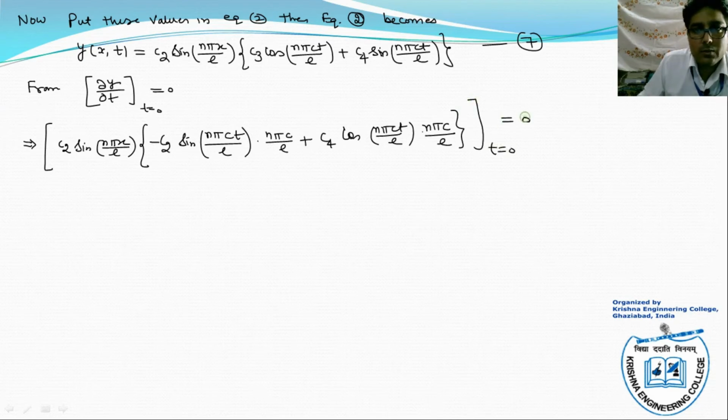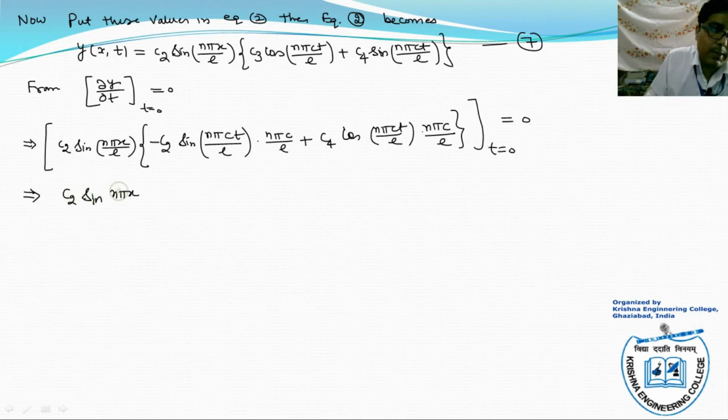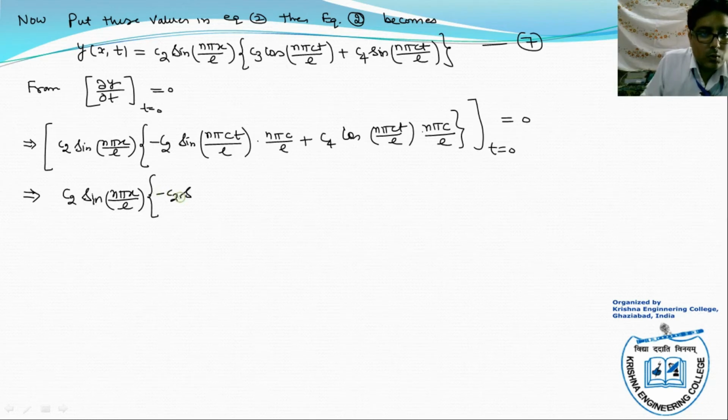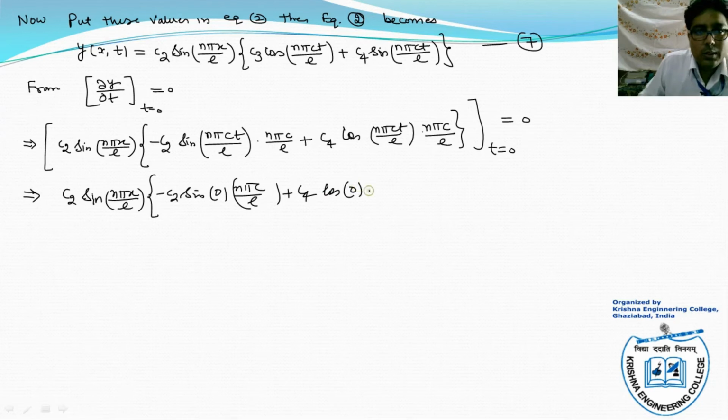So now put t is equal to 0 in this equation. So we get C2 sin n pi x by L as it is, and now applying t is equal to 0, this becomes minus C2 into sin 0 n pi C by L plus C4 cos 0 into n pi C by L is equal to 0.